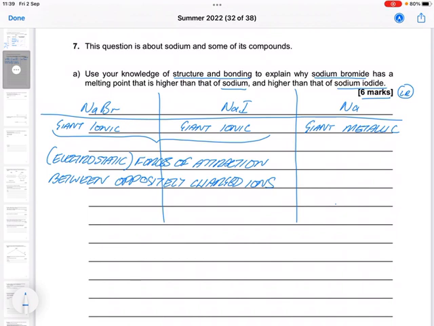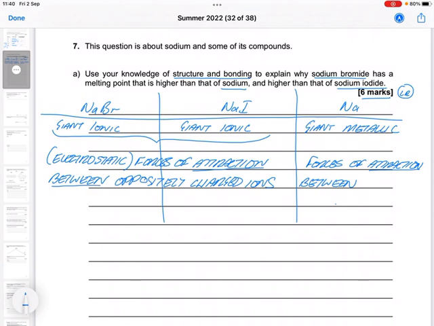And then sodium, because that's giant metallic, so it's still electrostatic because these are full-on charges, but we'll just put forces of attraction here because I've got less room. Between, and of course whenever you mention the word attraction, you've always got to state what it is between.